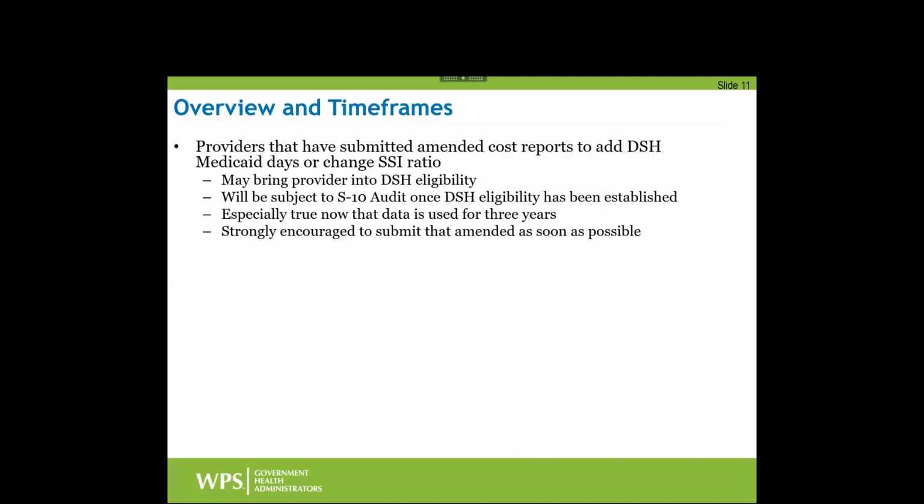But if all of a sudden on December 1st we get an amended cost report, there's no way we're going to be able to get an audit done in 1 month. So that's a situation where we have to go to CMS, let them know the situation, and we'll still have to do it as quickly as we can, but it very likely won't be by 12/31. So that's the thing about that.